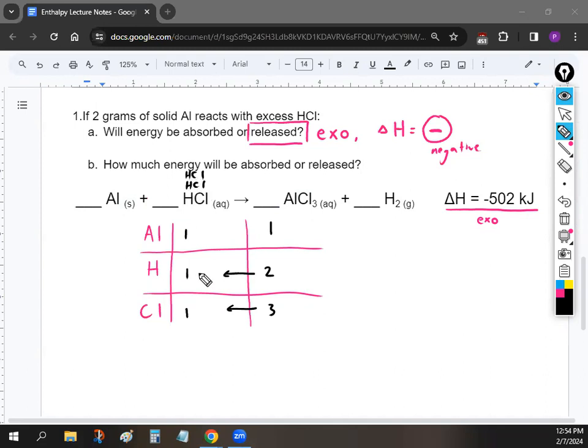But if we add 2 more HCl's, that gets us to 3 and 3. So chlorine is balanced, but hydrogen is not balanced, right? So we're going to have to go to the other side and add hydrogen. But if we do that, you're going to notice we have 4. So we got to add hydrogen again to the other side. So we add another hydrogen, but that gets us to 4 and 4.